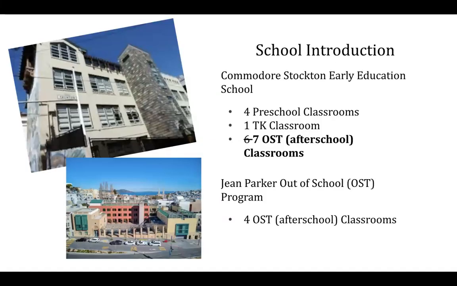So I oversee two schools. The first one is Commodore Stockton Early Education School. At Commodore Stockton, we have 4 preschool classrooms, 1 TK classroom. And in this year, we have 7 OST after-school classrooms. We used to have 6 OST classrooms, but this year we added 1 more.